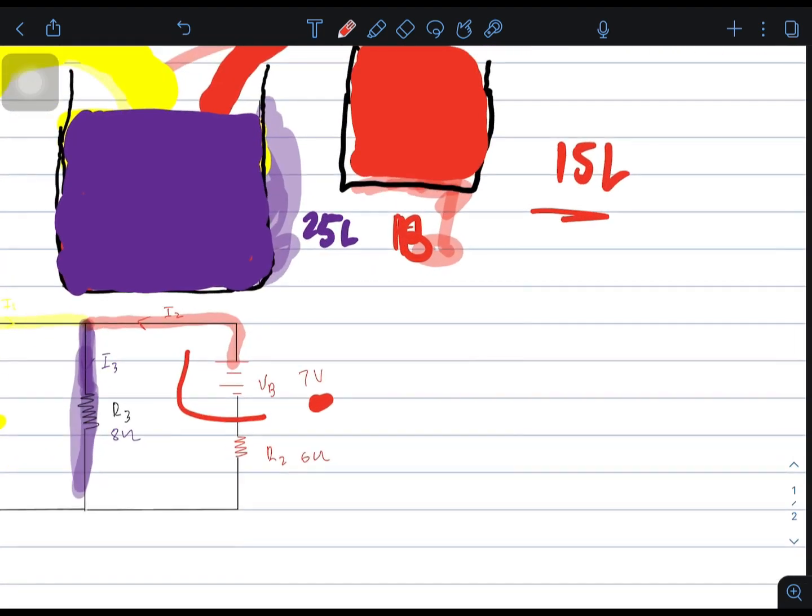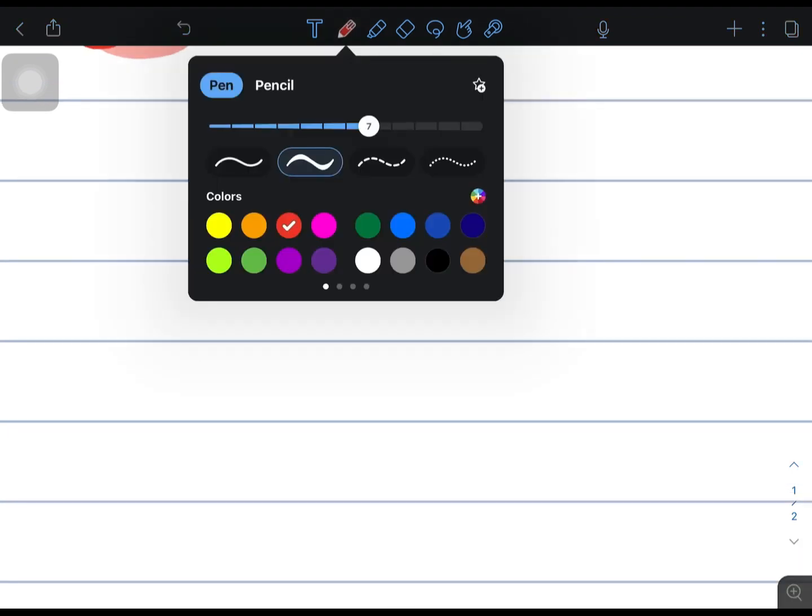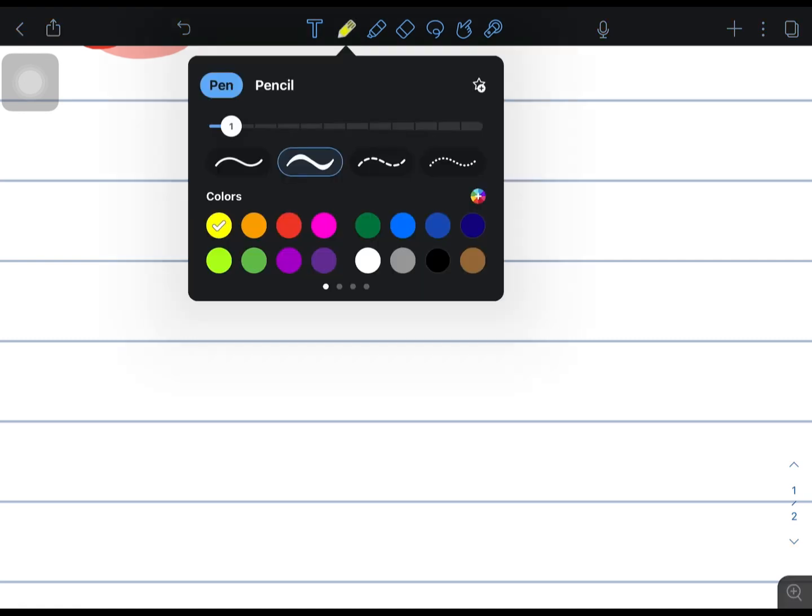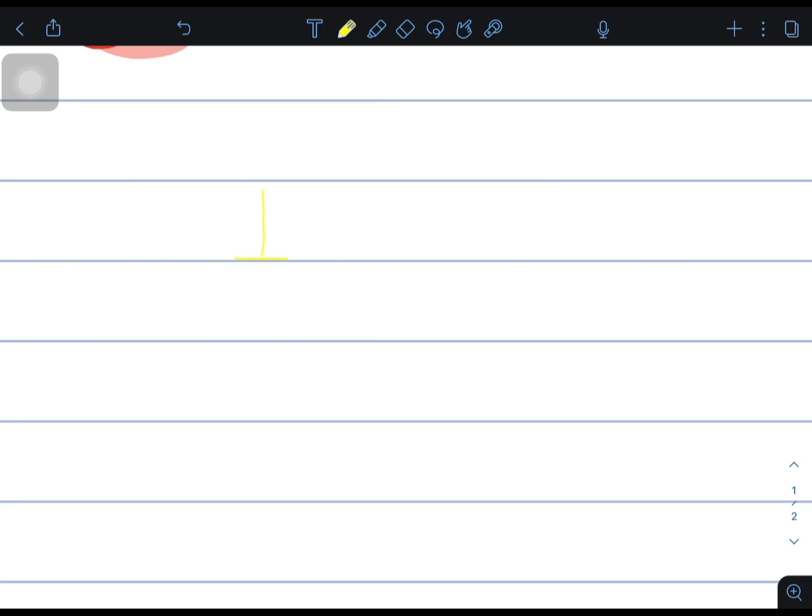Let me use yellow to show that I'm dealing with source A.